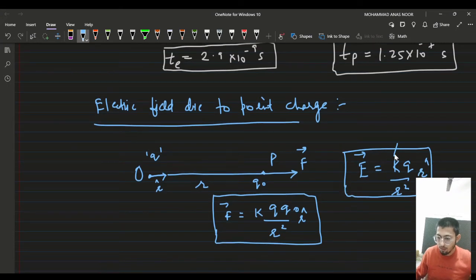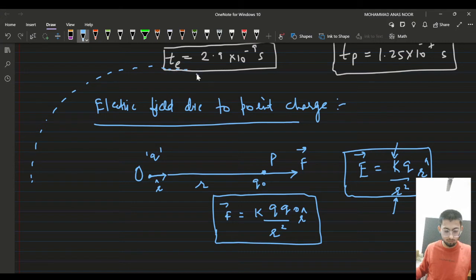Now you can see one thing. This k is a constant. This r is already constant because we have set up everything, so this would not change. We don't change the point p. So if we don't change the point, for example, if we draw a sphere or circle like this, no, not like this, like we need to draw it this way.